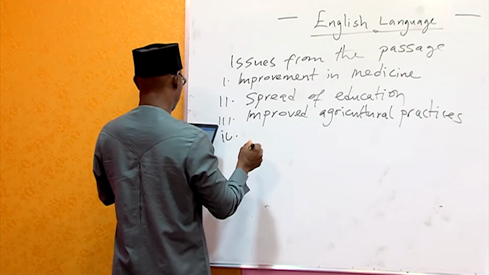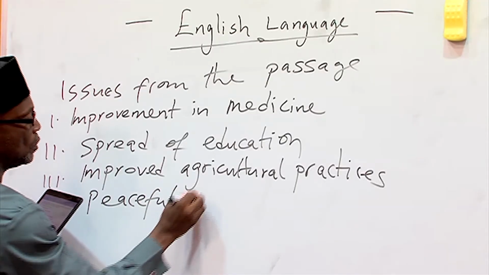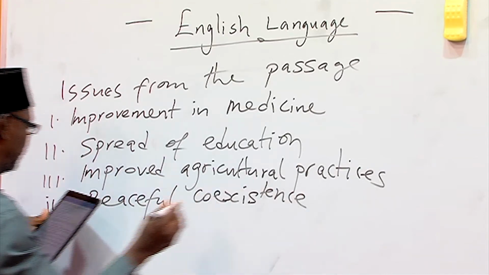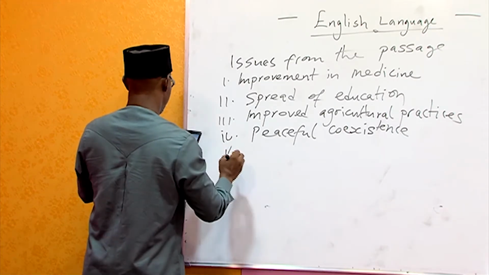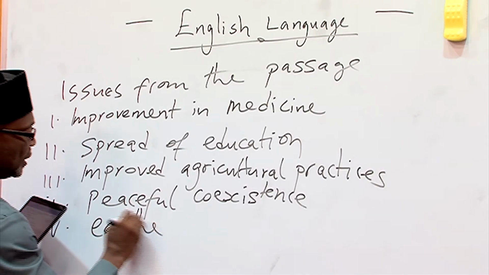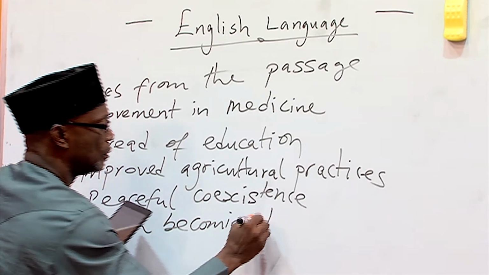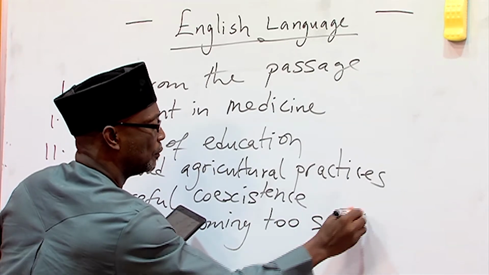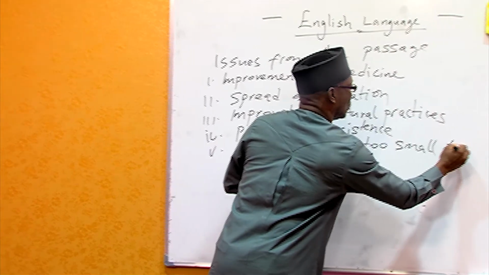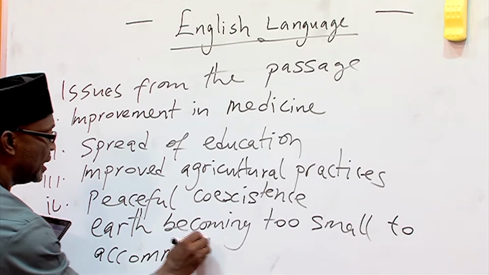Number 4, peaceful coexistence. Number 5, the earth becoming too small to accommodate.